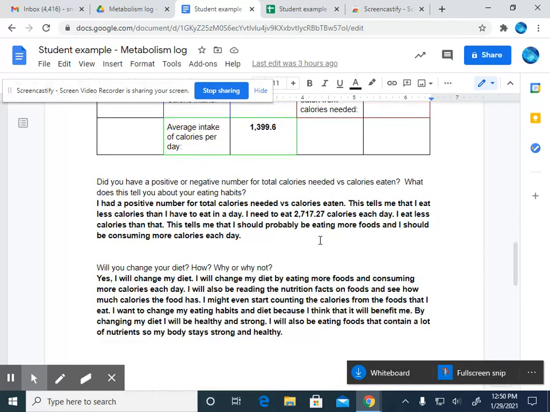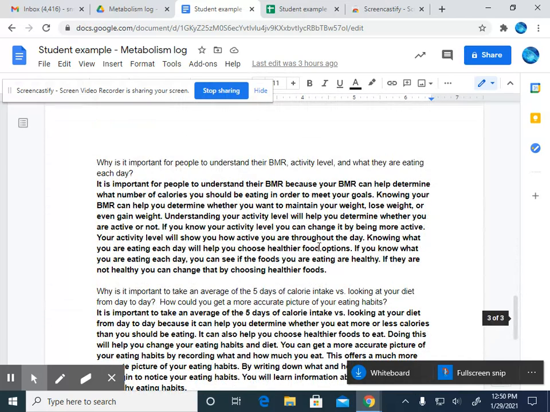When you were done, the last 3 questions were really about you just thinking about what you do, right? Analyzing, thinking, reflecting. These are important skills that you use throughout your life. And so from a science point, what do we get out of this? Hopefully we get out of the fact that we're thinking about metabolism, all of the chemical activities that happen.